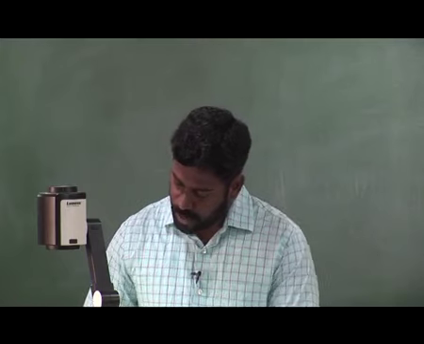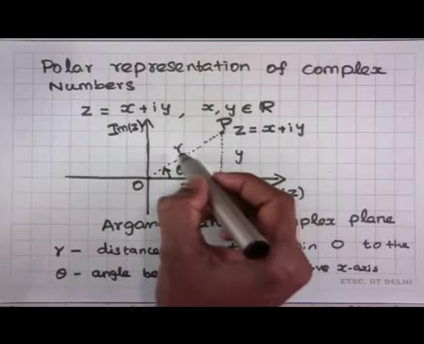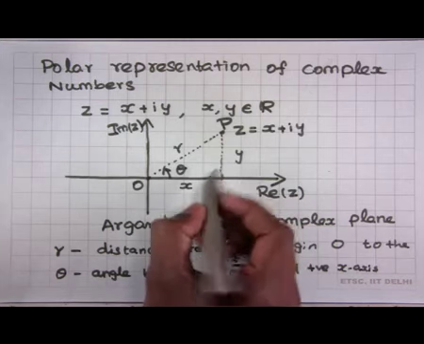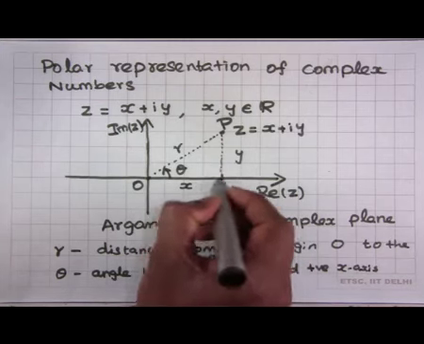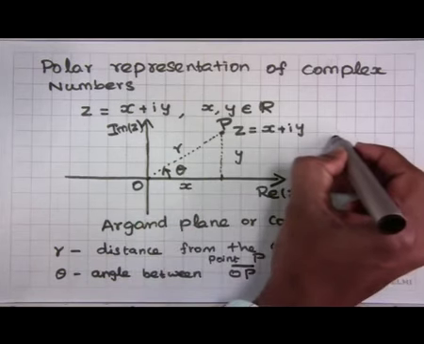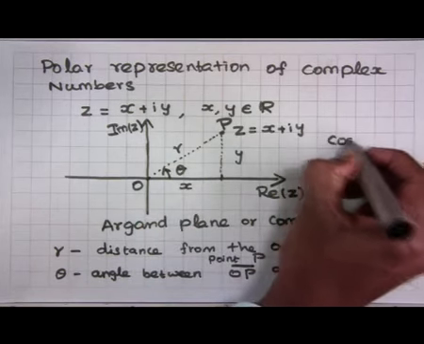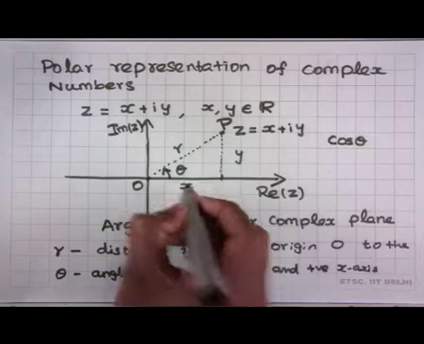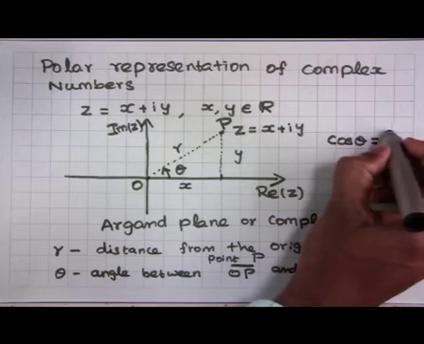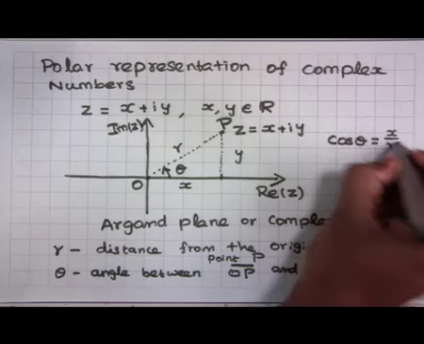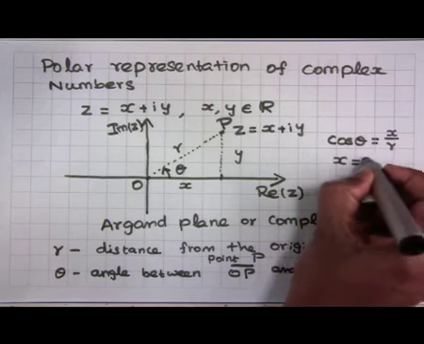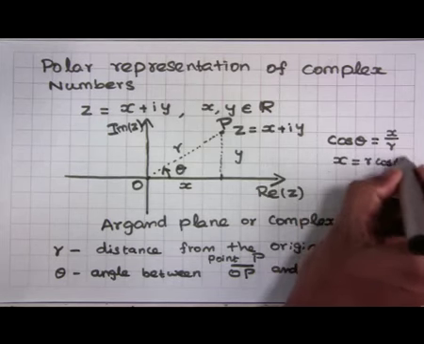So if we are given r and theta, then we can determine x by writing down the relation: cos theta is given by adjacent by hypotenuse. So we get x as r cos theta.